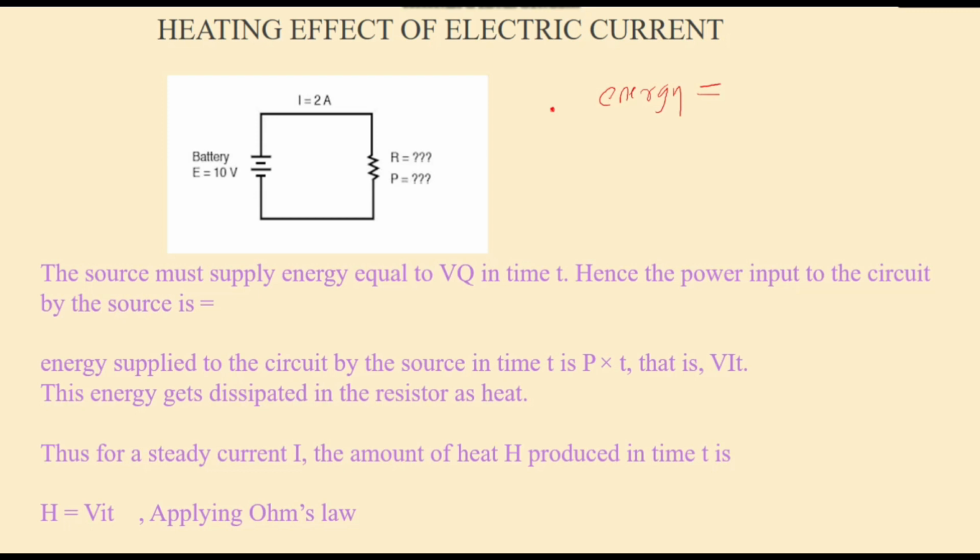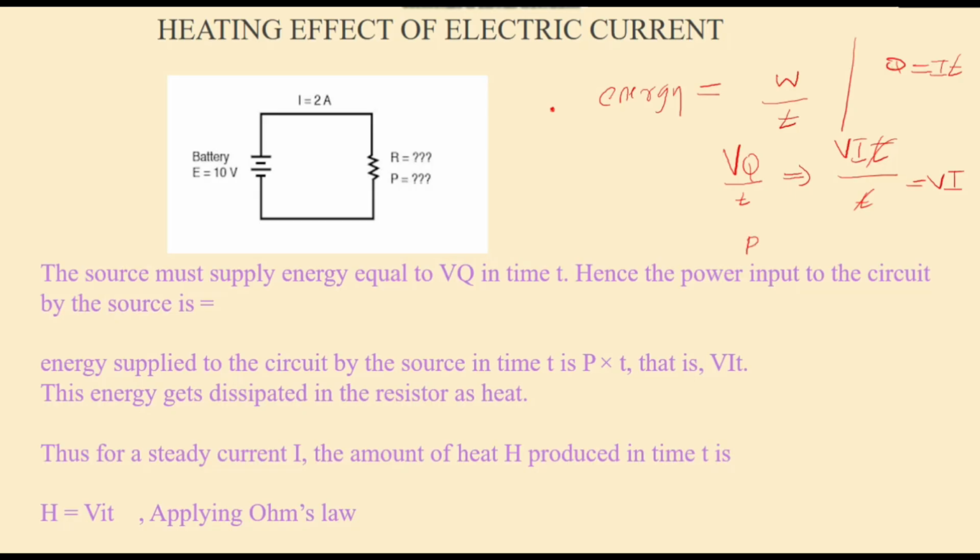We know that work is VQ, so power is VQ by T. So we can write Q is equal to IT. We put this in the equation: V I T by T. These will be cancelled. The answer is VI, the energy or power.